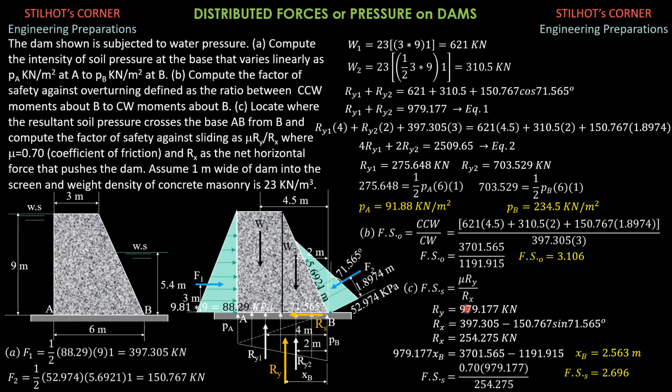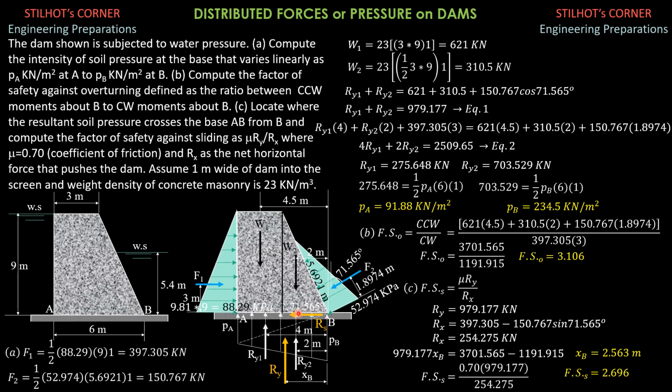And finally, the factor of safety against sliding: mu 0.7, Ry 979.177, over Rx, the net horizontal force that pushes the dam, 254.275, and it is 2.696, which is still greater than 1, so it is safe.